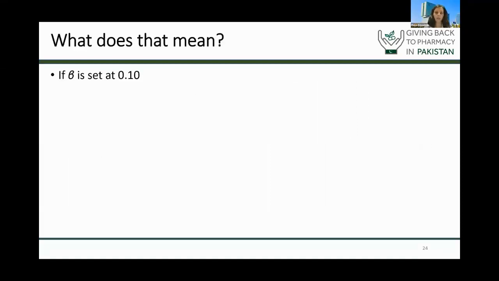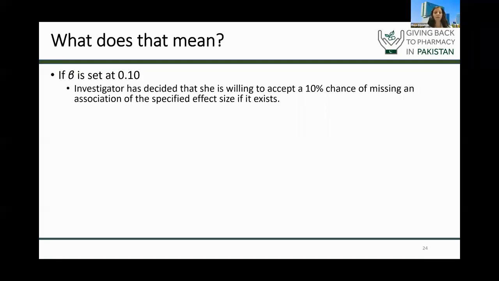If beta is set at 0.1 or 10%, the investigator has decided that she is willing to accept a 10% chance of missing the association of the specified effect size if it exists. There's a 90% chance of finding that association of that size or greater.